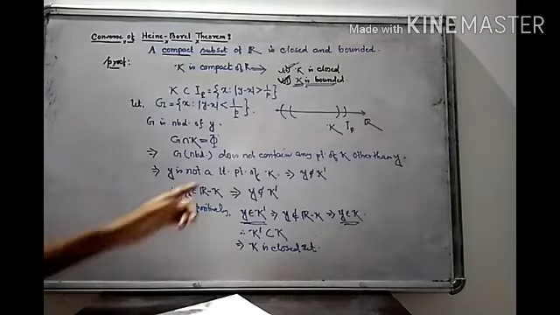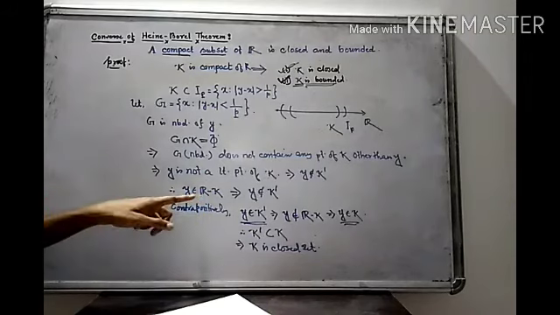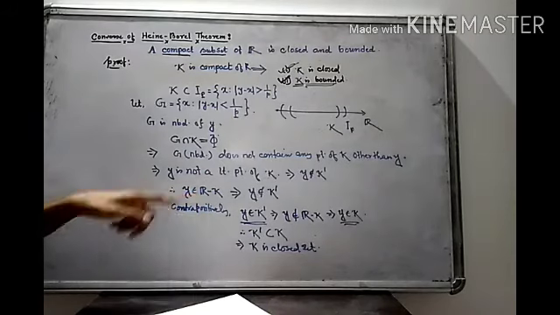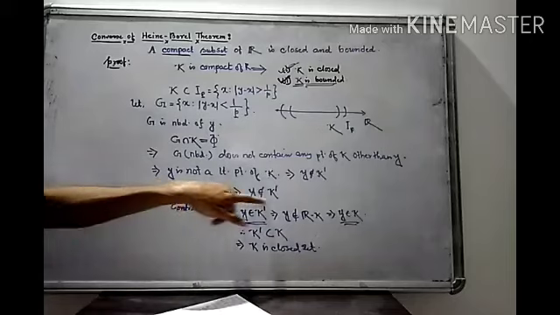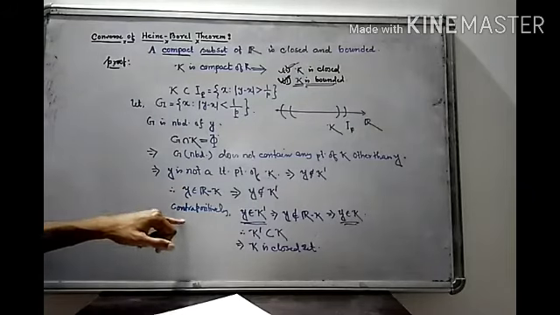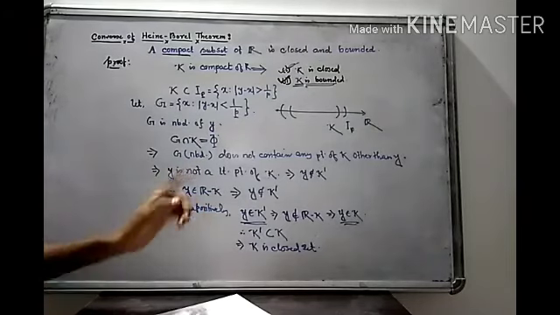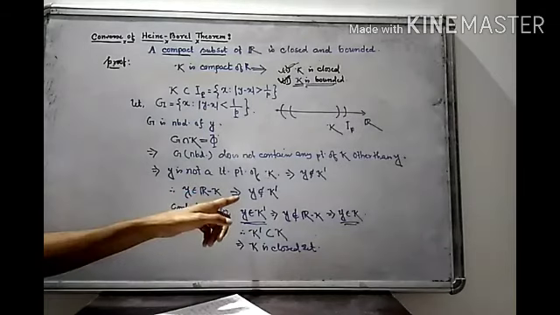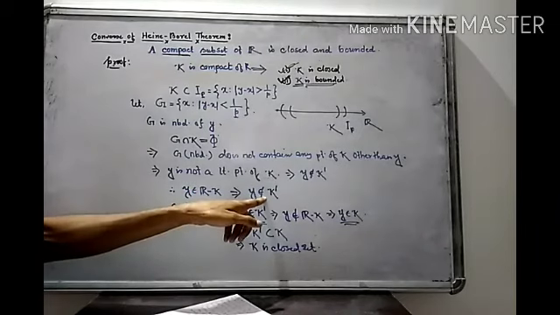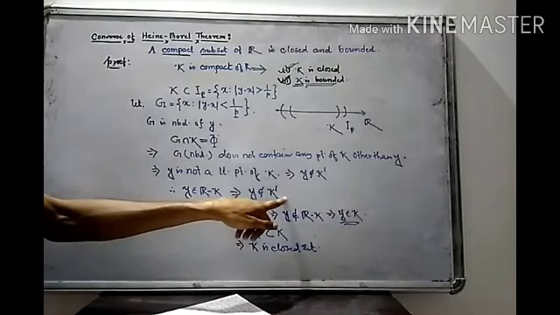Again I am telling you, from this part I made one mistake. Up to this part I think it is clear to all of you. Now what is the contrapositive? Look, if y belongs to this, it implies y does not belong to this.